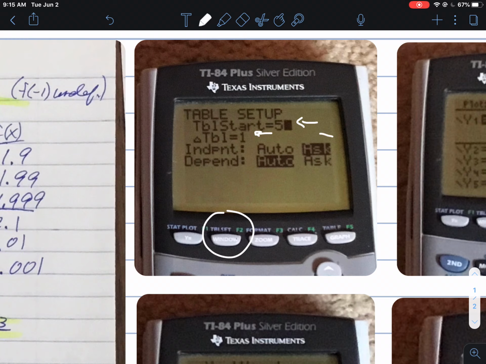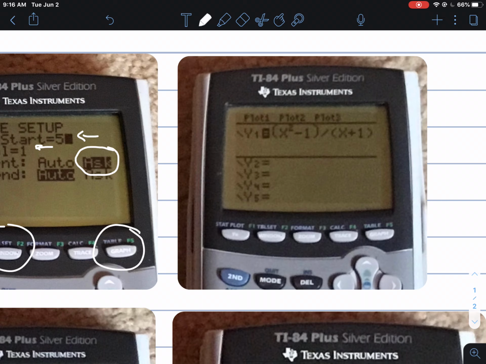We want the independent set to ask, so that I can manually plug in whatever values I want into my function, and leave your dependent on auto. That way, when you pull up your table of values by hitting second graph, it will allow you to enter these different x values into our function.